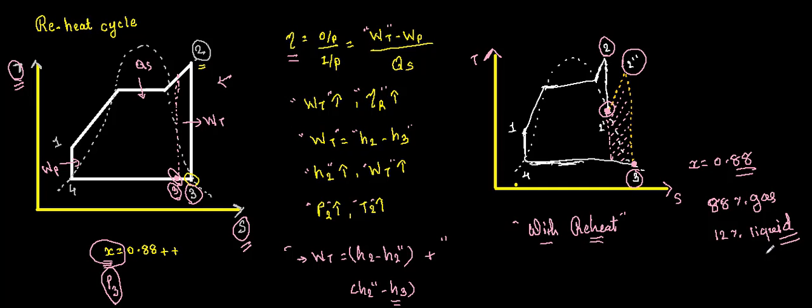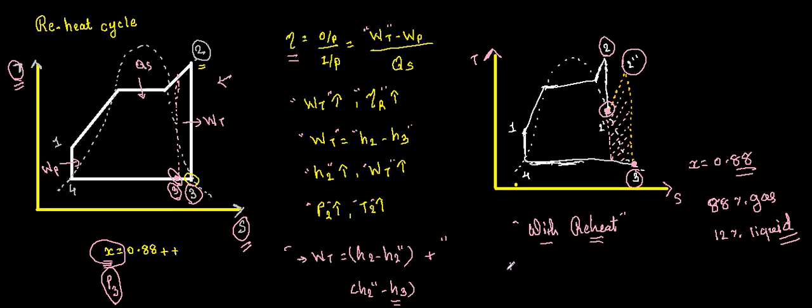Why is the dryness fraction obtained? Because in the turbine, the expansion process is taking place, and expansion means reduction of pressure and temperature. As pressure and temperature reduce, the steam is going to condense and convert its phase from gaseous to liquid. In that manner, the reheat cycle reduces the chances of cavitation.